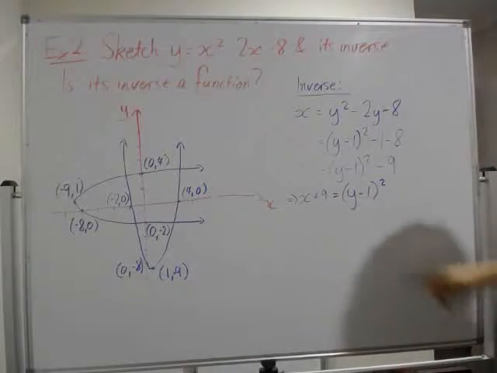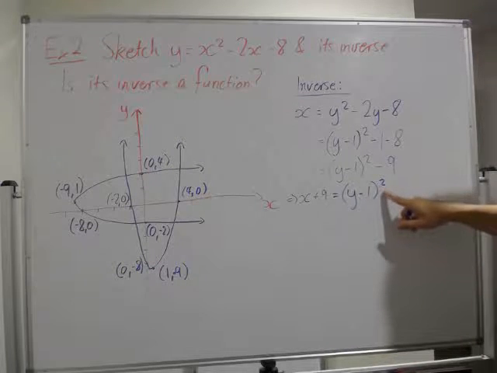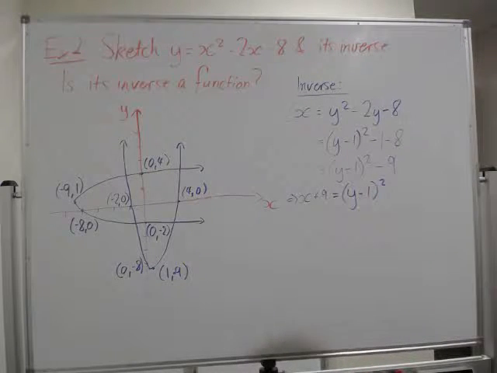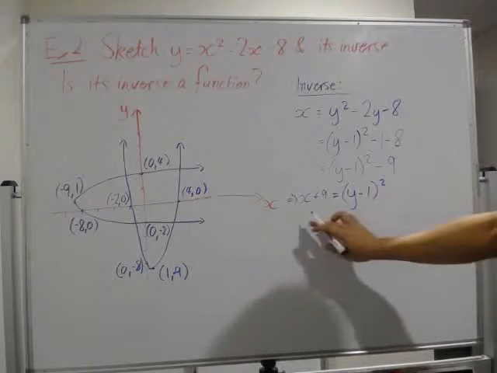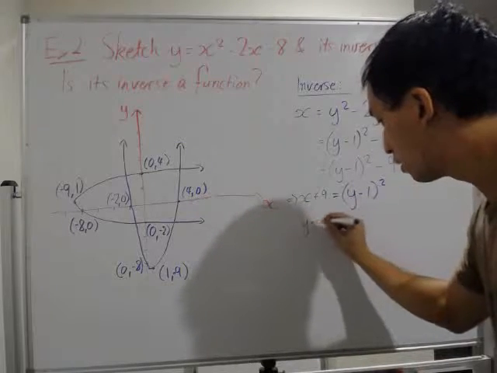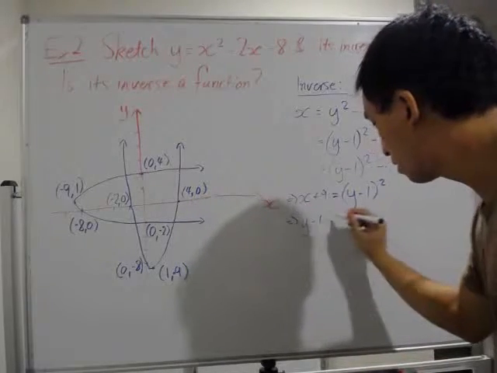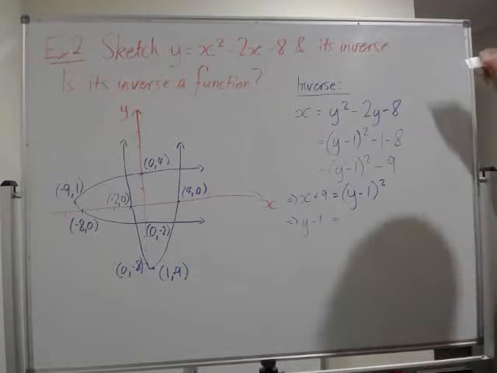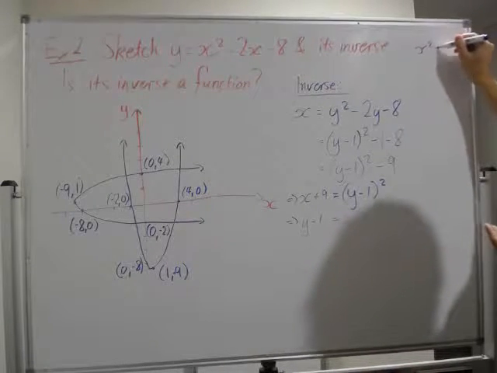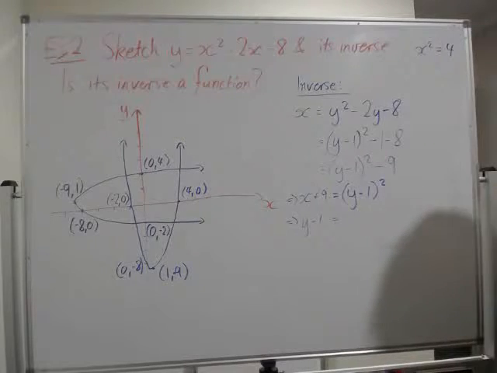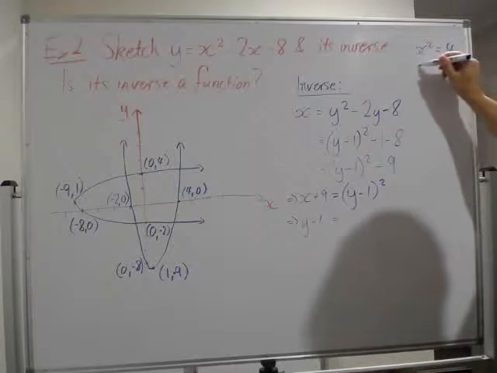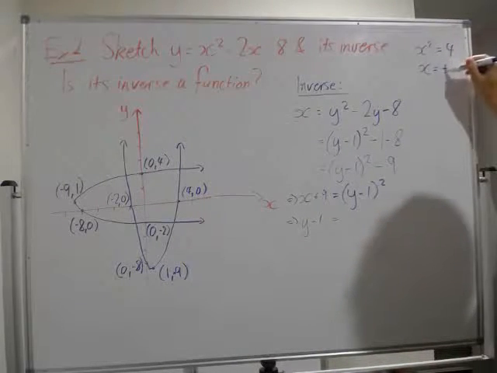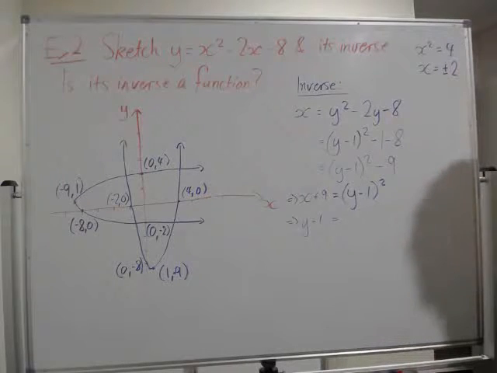Now the next step to getting y by itself, naturally we'll get rid of the square here. So when you square root both sides, I'm just going to take y minus 1 over here to the left side. Remember that if you have something like x squared equal to 4, when you want to find solutions to this, you need to consider the positive and negative solutions.